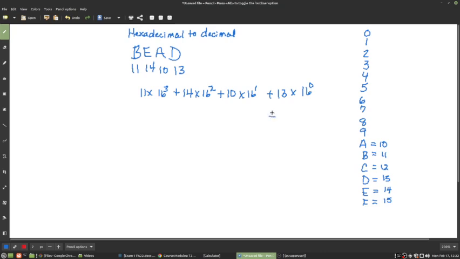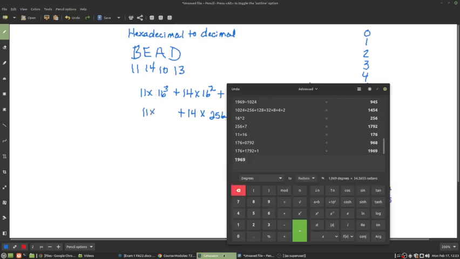I've got 13 times 1. I've got 10 times 16. I've got 14 times, last time we did that, I believe we got 256. And plus, we've got 11 times, now we need to go get the cube number of 16.